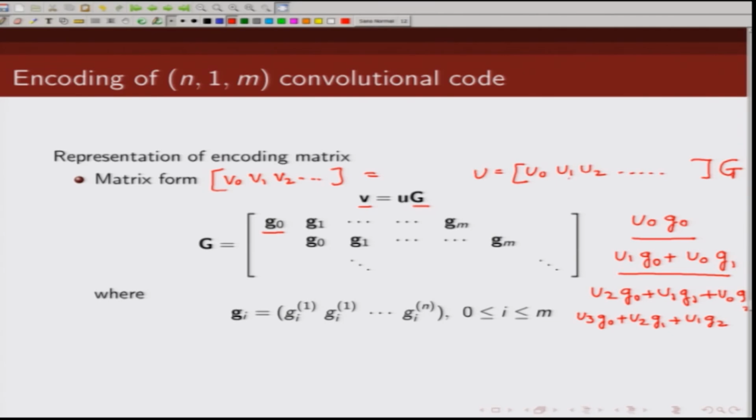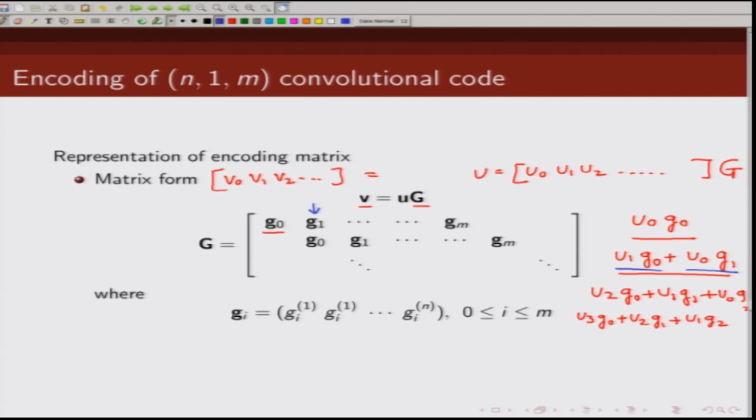In the second instance, my output has U0 times G1, which is this term, and G0 times U1, which is this term. So, the second entry of this generator matrix is this.